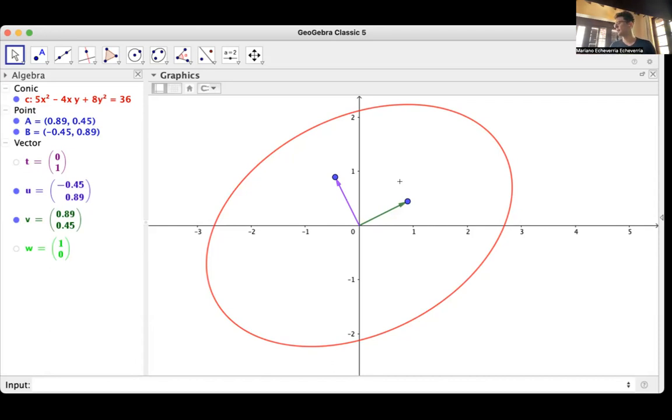If they're both positive, then it's a minimum. If they have opposite signs, it is a saddle point. And if both eigenvalues are negative, it is a local max. So there are many things that these conic sections can be used for. It's kind of entertaining, but it actually has some useful applications.